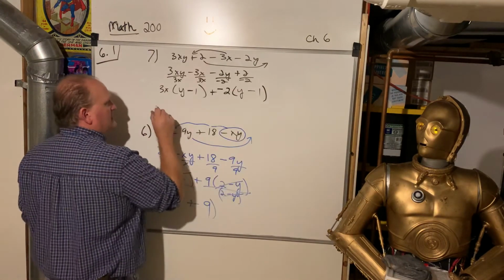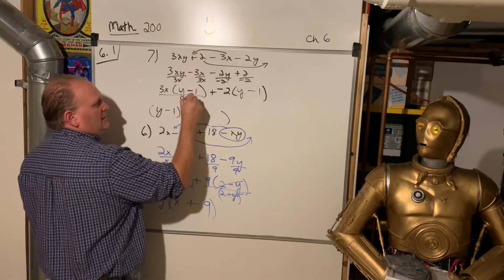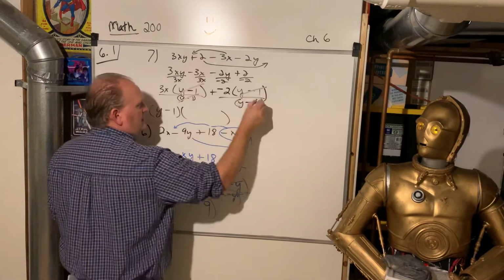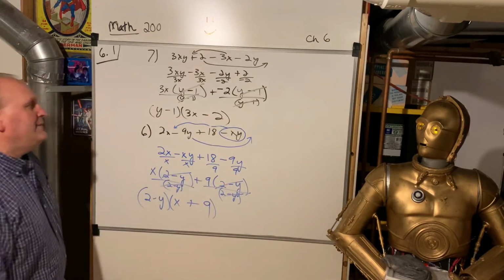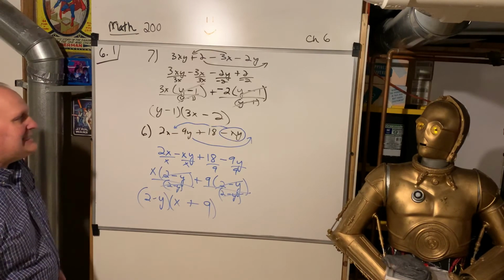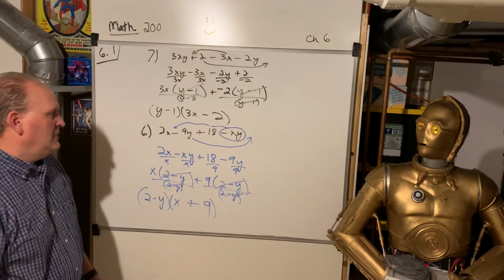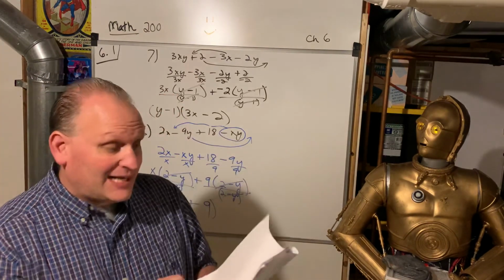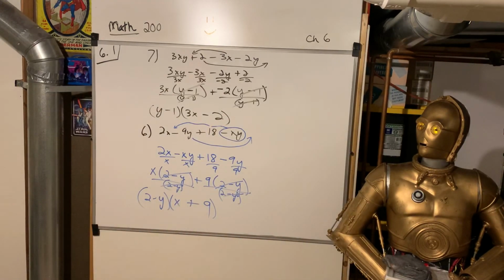And now I got the y minus 1. Empty set of parentheses. Put it underneath each term. Cancel, and write the leftovers. Again, if you wanted to write 3x plus negative 2, so it looks just like that, you can. I just did minus 2. We're lazy mathematicians, all right? So that is called factor by grouping. Next, we'll do 6.2.